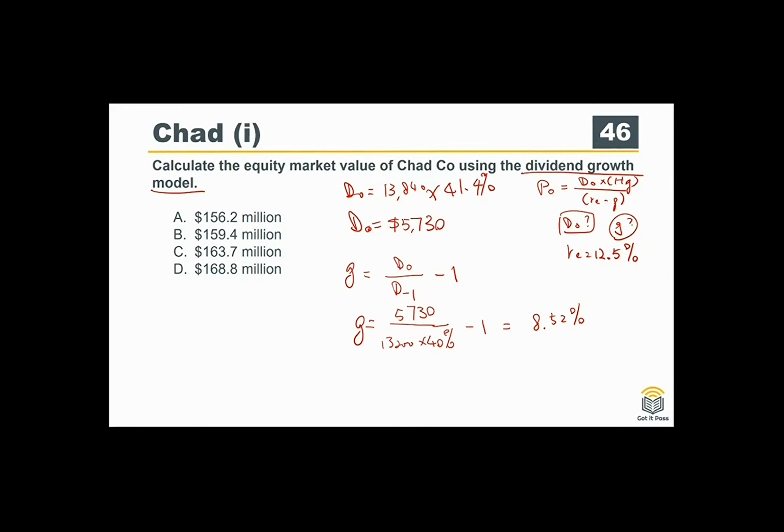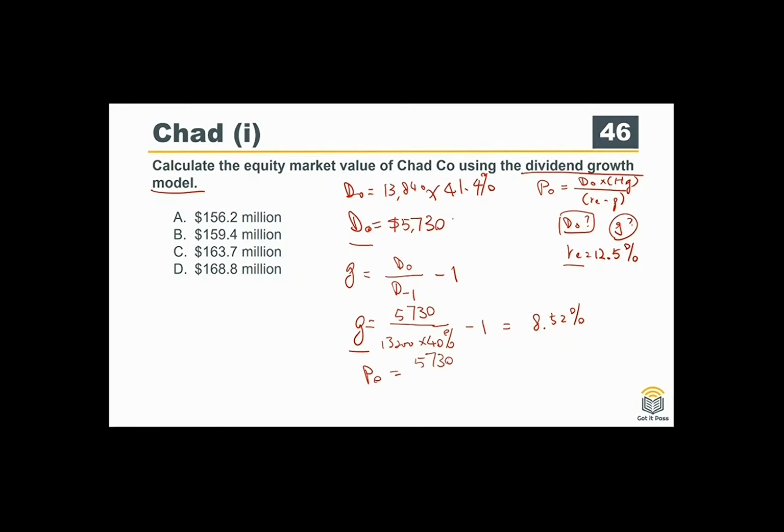Based on the information that we can get, D0, growth rate and also the cost of equity, then we can get P0. And P0 is equal to the formula given, which we can work on this way.